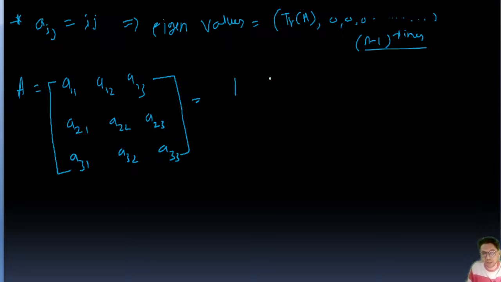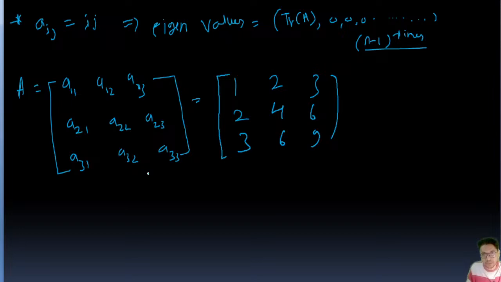So 1 into 1 is 1, 1 into 2 is 2, 1 into 3 is 3. Then 2, 4, 6, and 3, 6, 9, because 3 times 1 is 3, 3 times 2 is 6, 3 times 3 is 9. This is a 3 cross 3 matrix.